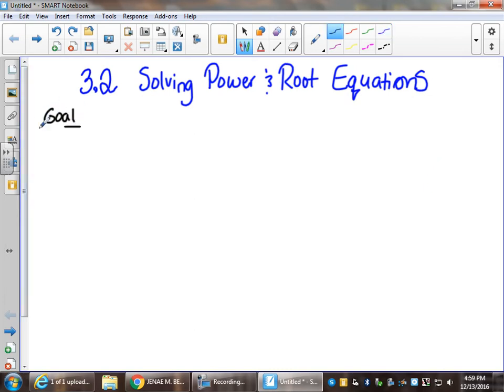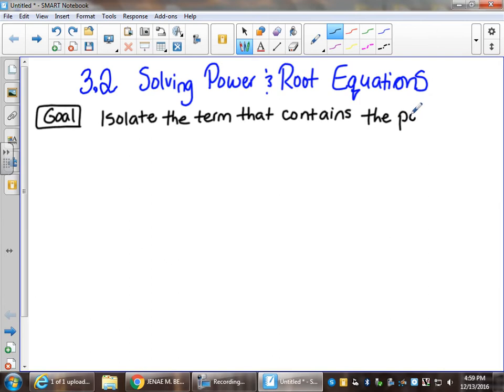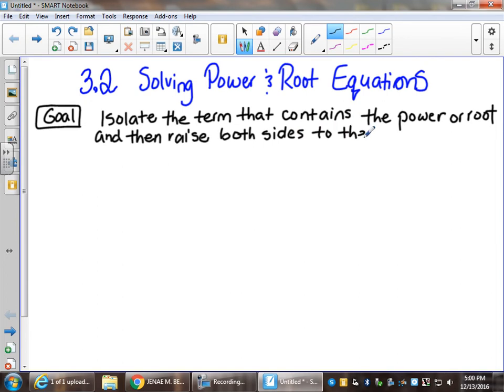Our goal for today will be to isolate the term that contains the power or root, and then raise both sides to the inverse.